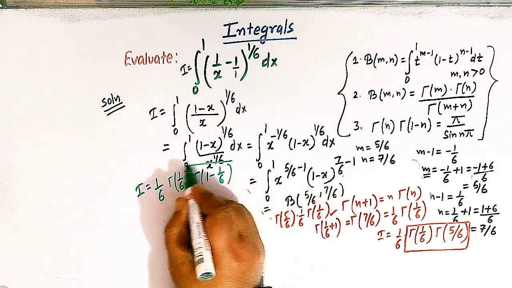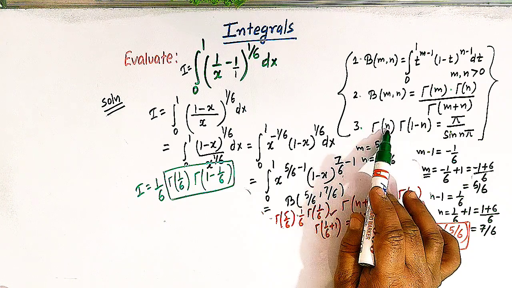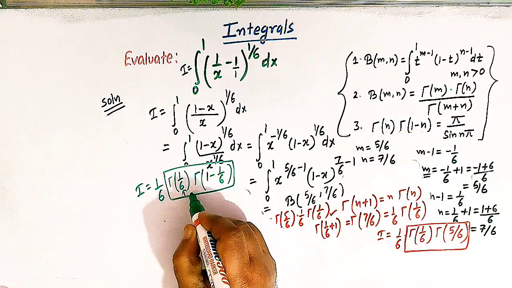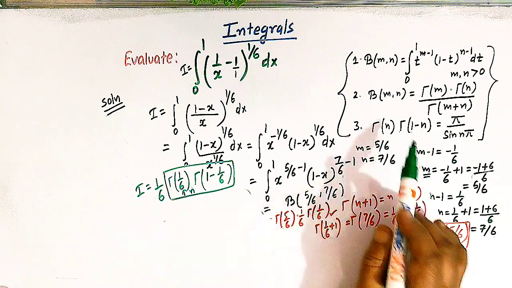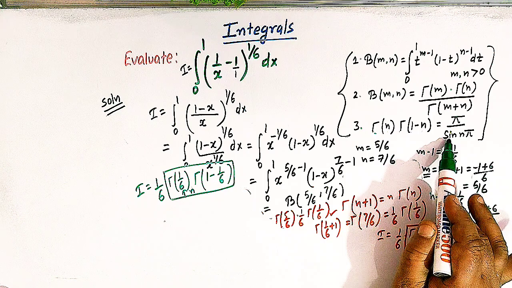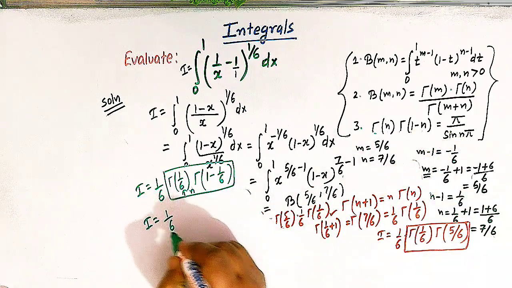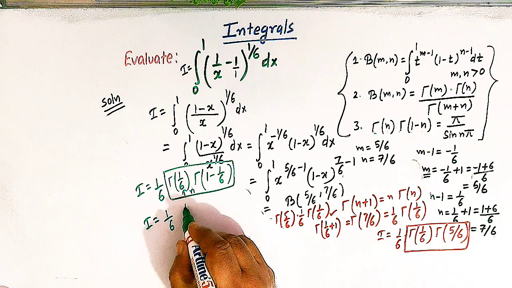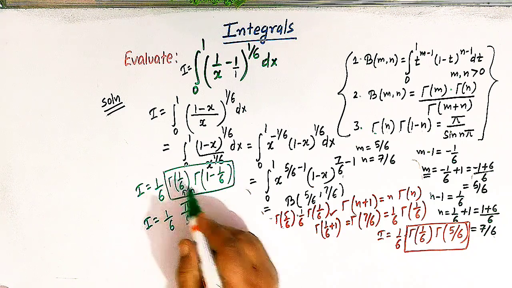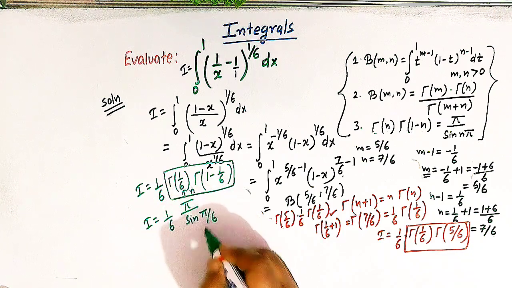Now this expression is similar to gamma of n times gamma of 1 minus n. Our n is 1 over 6, and this expression is equal to pi divided by sine n pi. So we have I is equal to 1 over 6 times pi over sine of n pi, where n is 1 over 6, so we have sine of pi over 6.